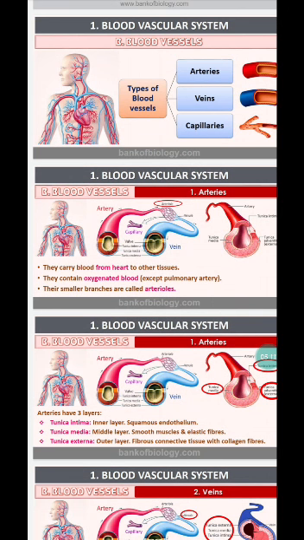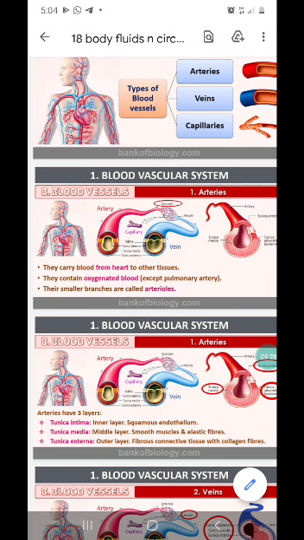Veins carry deoxygenated blood, except the pulmonary vein, which carries oxygenated blood. They carry blood from other parts of the body to the heart.